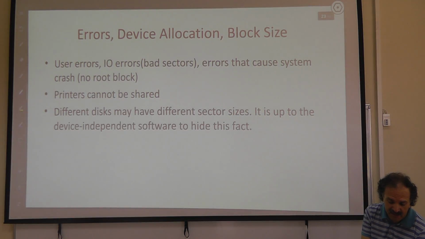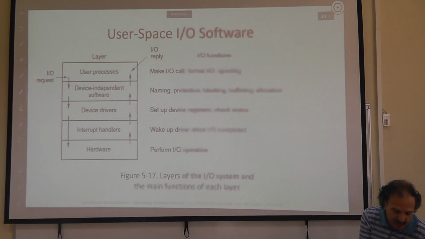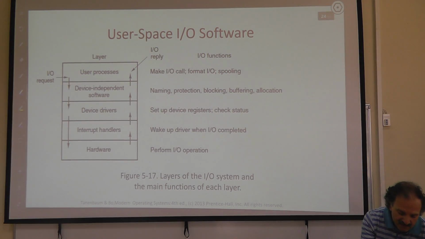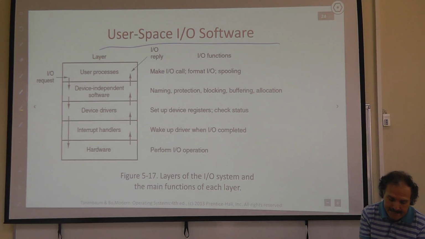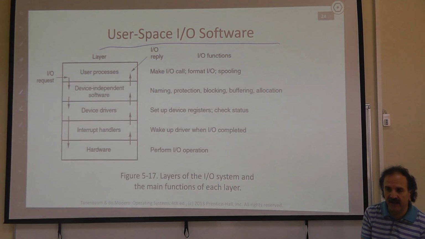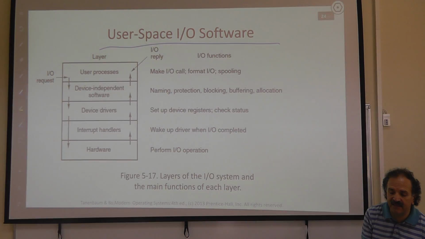The device-independent software layer. Then on top of this layer, we have the user space I/O software. These are the programs that we write, C programs. When you write a C program, open a file on the disk, write like 10 lines of text to the file, then close the file.